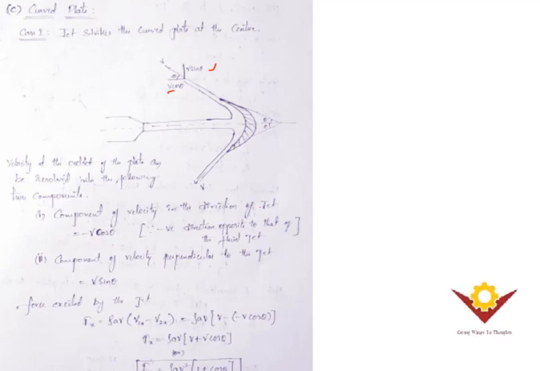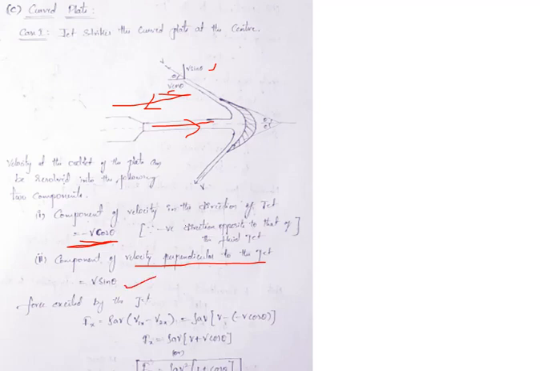Now the component of velocity in the direction of the jet is minus v cos theta. Why? Because the inlet velocity is in this direction, and the outlet velocity is opposite to the initial velocity. And the component of velocity perpendicular to the jet is v sin theta.